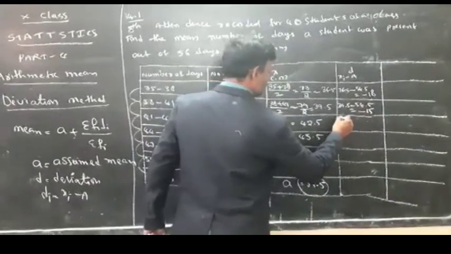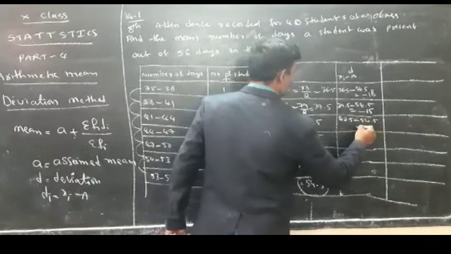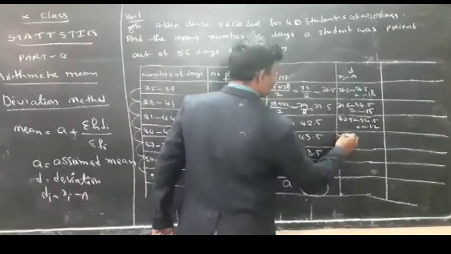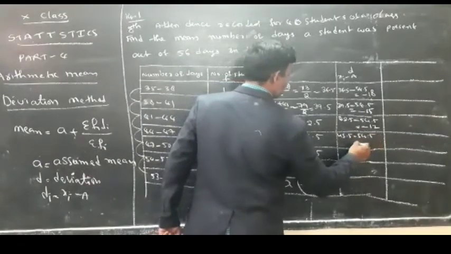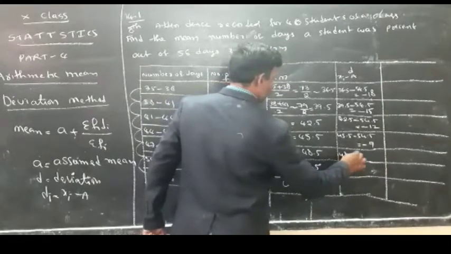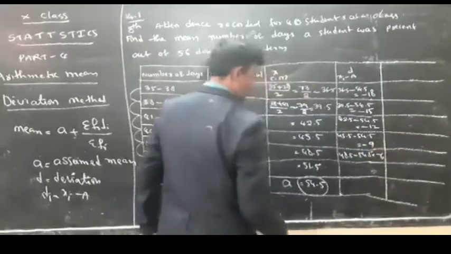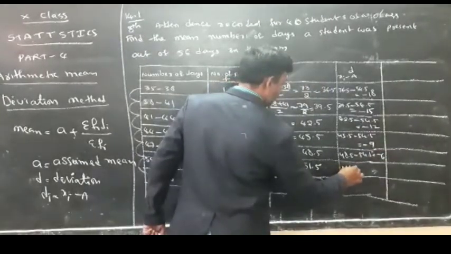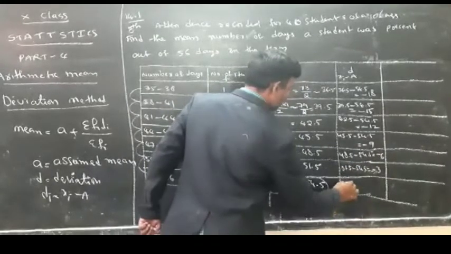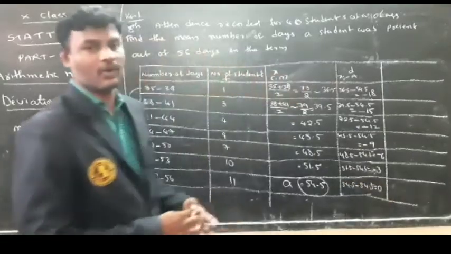Then after, 42.5 minus 54.5, you will get minus 12. Then after, 45.5 minus 54.5, you will get minus 9. Then after, 48.5 minus 54.5, you will get minus 6. Then after, 51.5 minus 54.5 is equal to minus 3. Then after, 54.5 minus 54.5 is equal to 0.